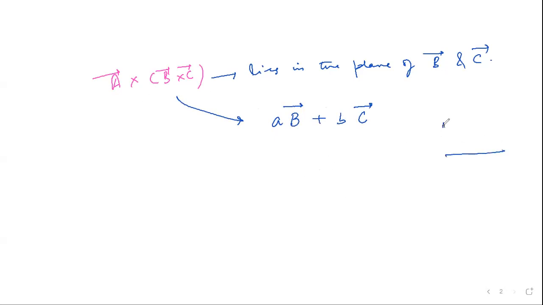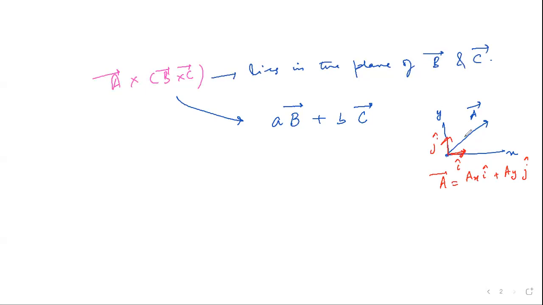For example, if some vector lies in the xy plane, for example some vector A, then we write this as Ax i plus Ay j, where i cap is the unit vector along x and j cap is the unit vector along y.